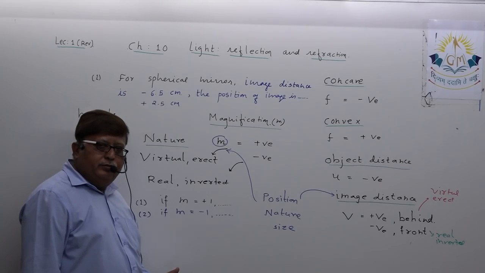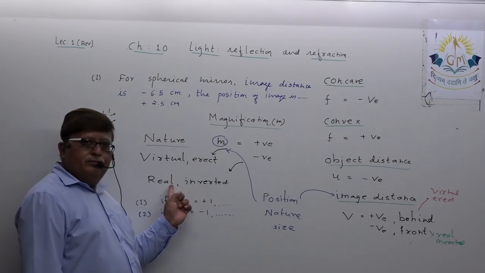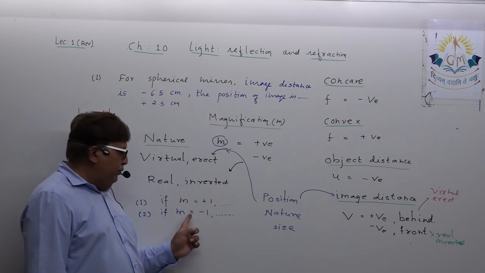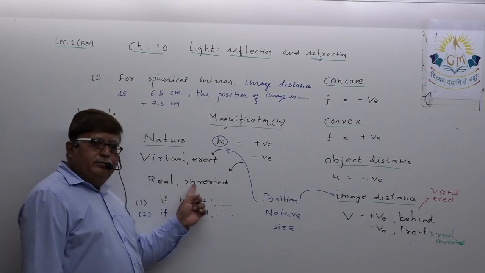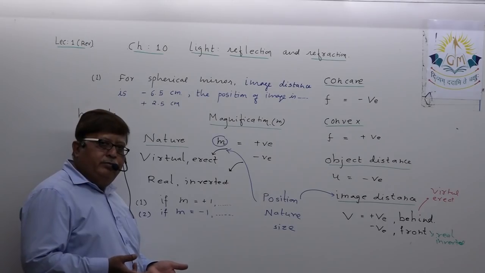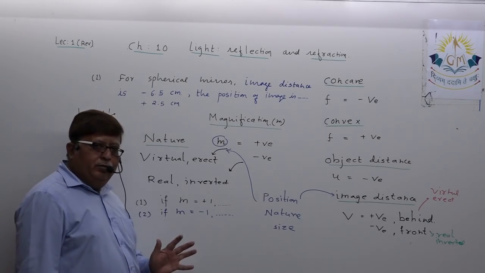Can you guess what could be the nature and size of the image? Concept needs to be very clear. Negative: real, inverted, and same size, dear student. Very clear in your mind.